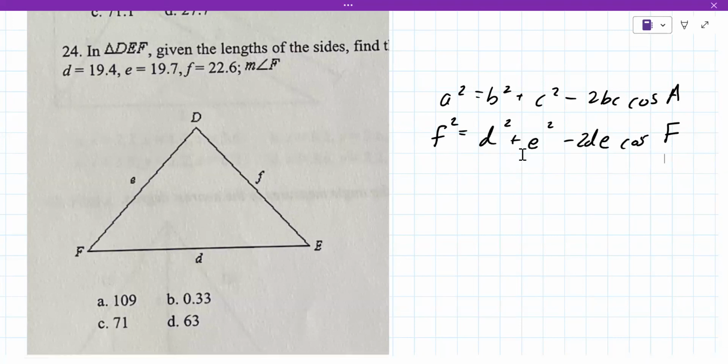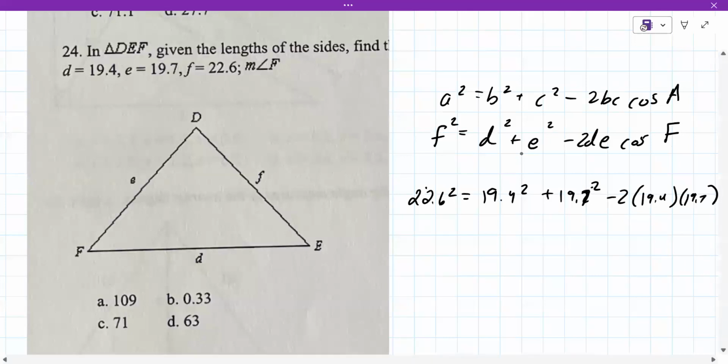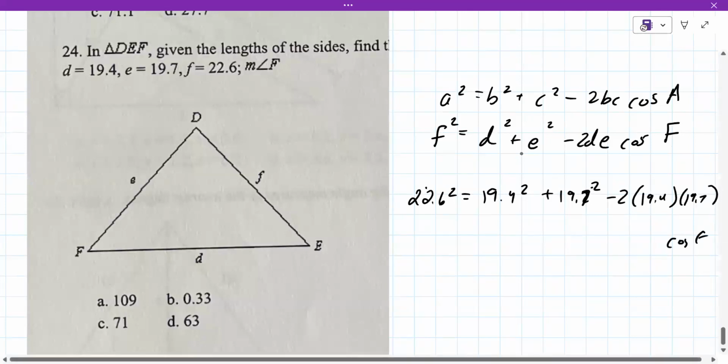And so from there, the only mistake can be calculator error or manipulation of the equation error. Maybe we just need to do one example here, cosine F. You actually move the 19.4 squared and the 19.7 squared over.